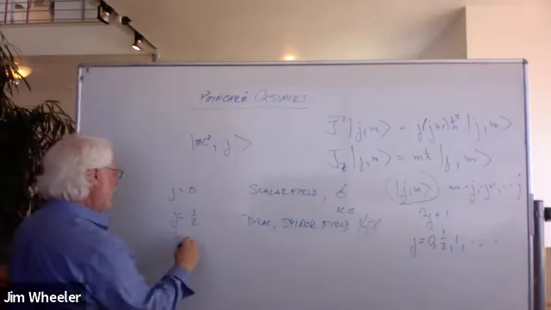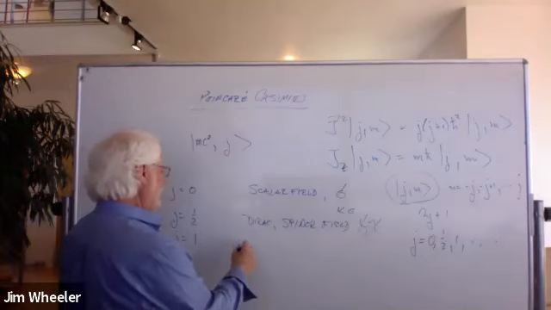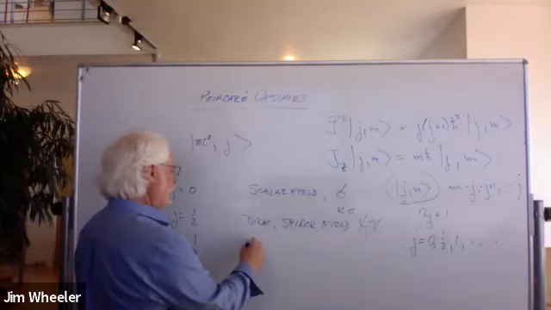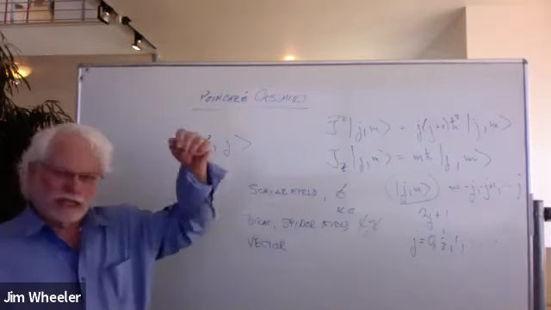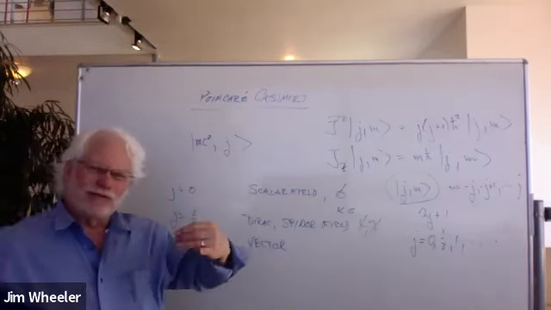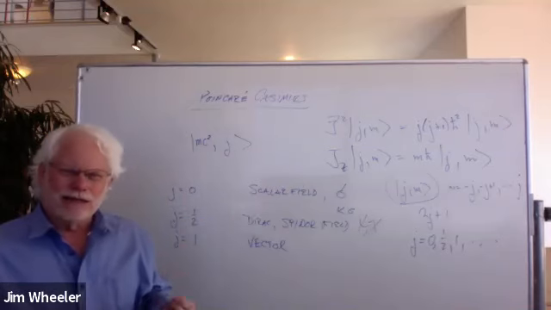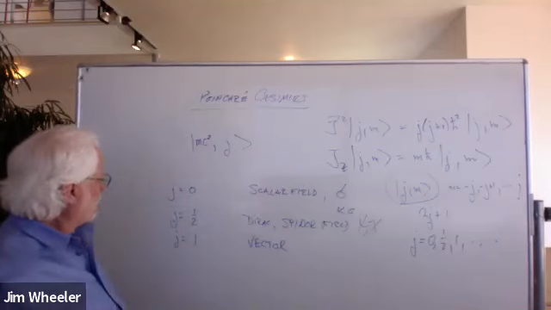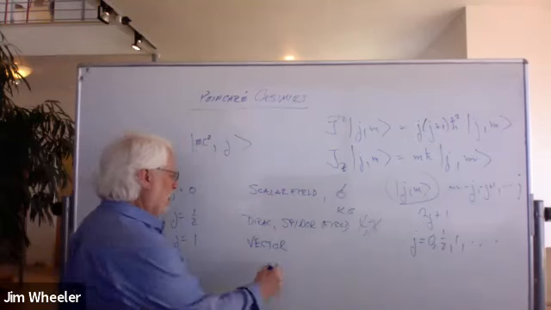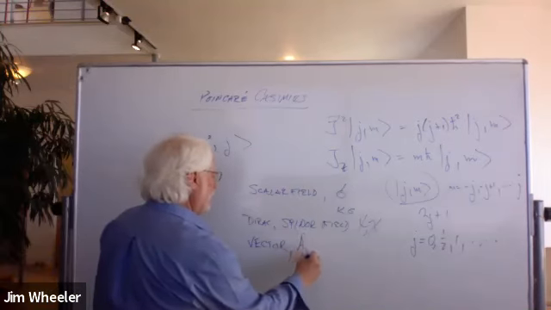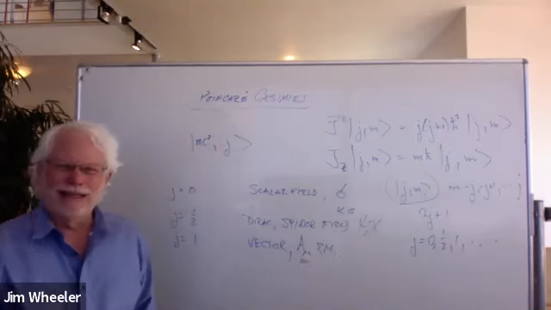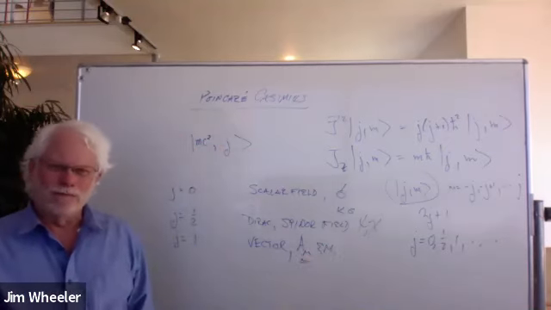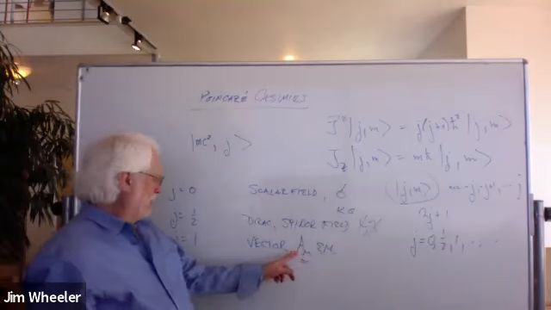What's J equal 1? It's a vector particle. All right, J equal 1, 2J plus 1 is 3. So we're talking about 3-dimensional objects here, like normal spatial vectors, only we're in space-time. A typical example would be E and M, right? The vector potential is a vector particle. It has spin 1.